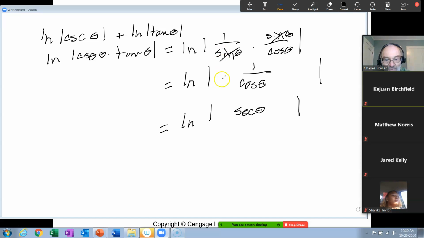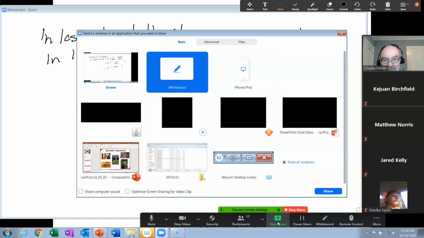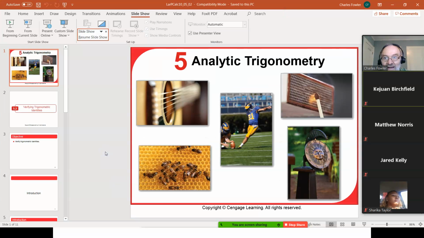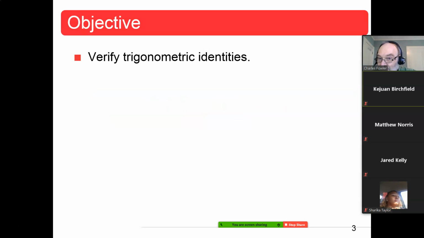Because in 5.2, which is what we're going to now, we are going to be verifying trigonometric identities. Sort of more complicated, but we're going to use those fundamental identities to help us do that. Okay, so our objective here is to verify the trigonometric identities.